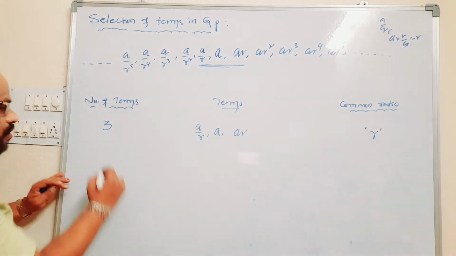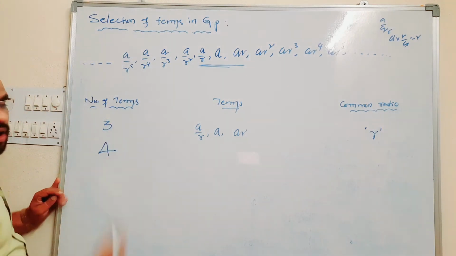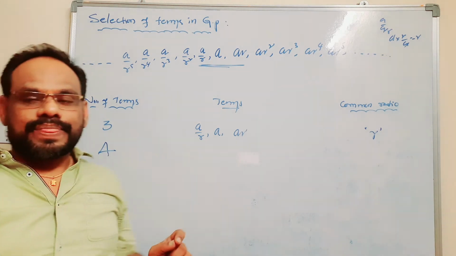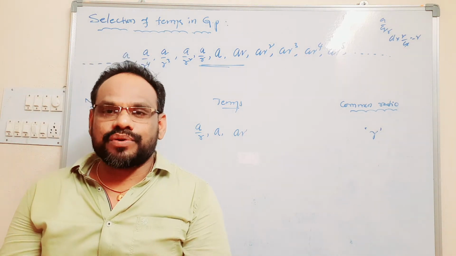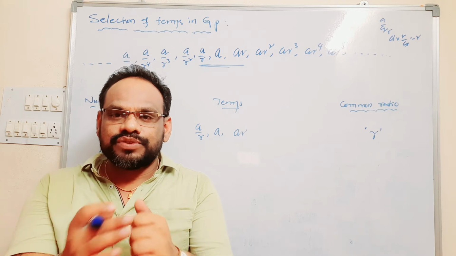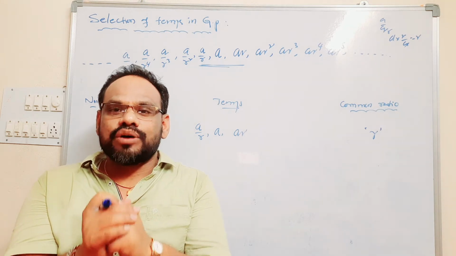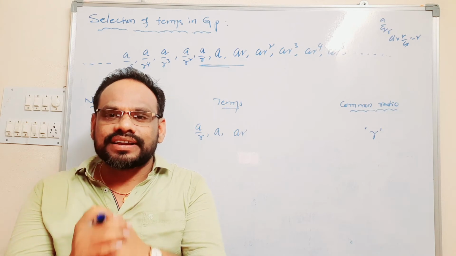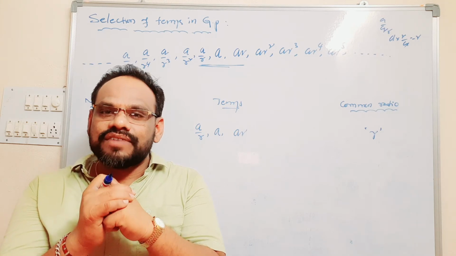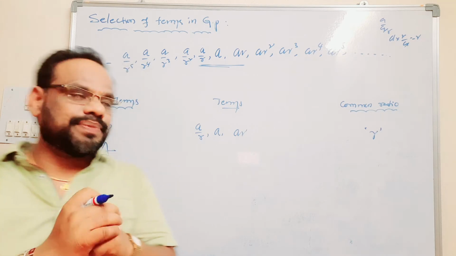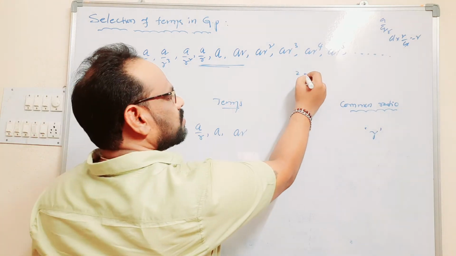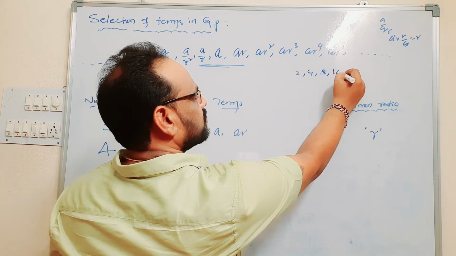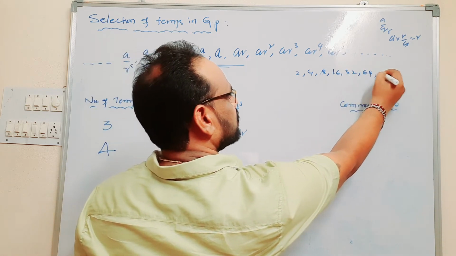If you want 4 terms, we know that in a geometric progression, if the terms are chosen at a regular interval, then they also form a GP. Observe here: 2, 4, 8, 16, 32, 64, and so on.